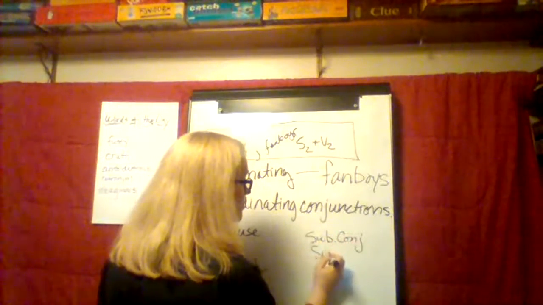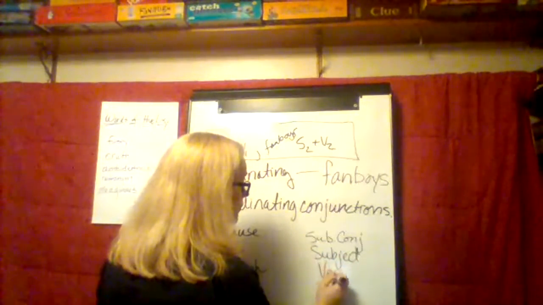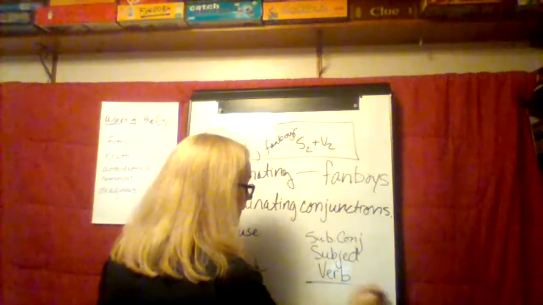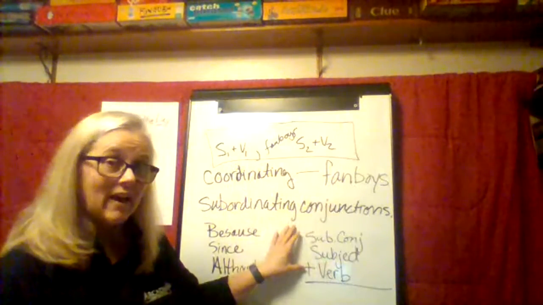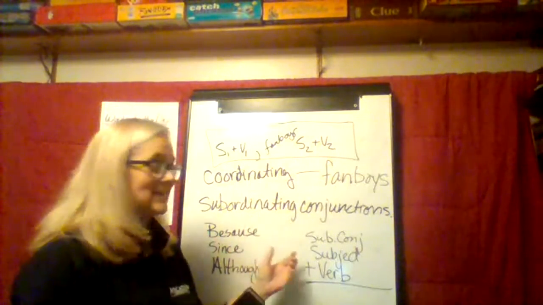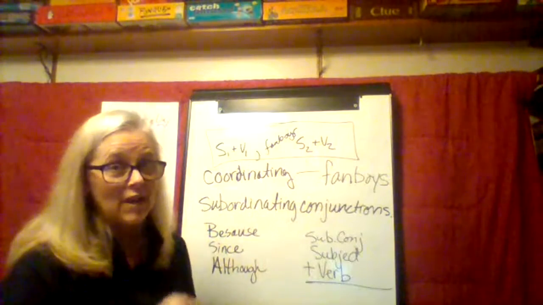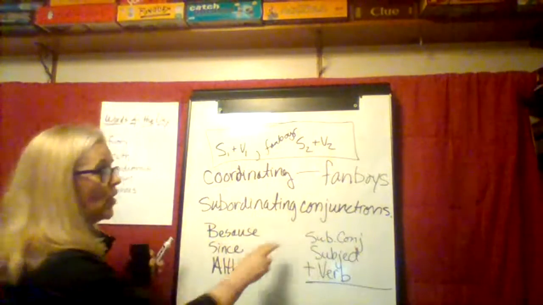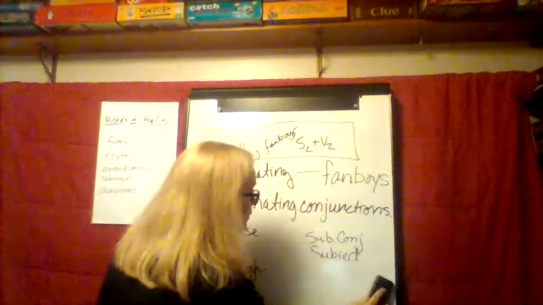It has a subject, and it has a verb. You clever ones will notice that it doesn't have a complete thought. The complete thought status is done away with. It forfeits its complete thought status when you add the subordinating conjunction. So let me give you some examples.